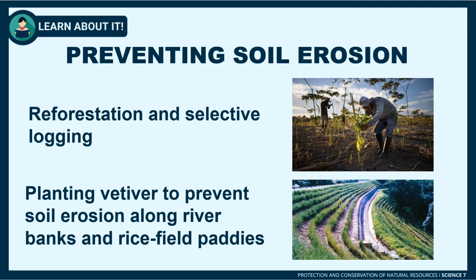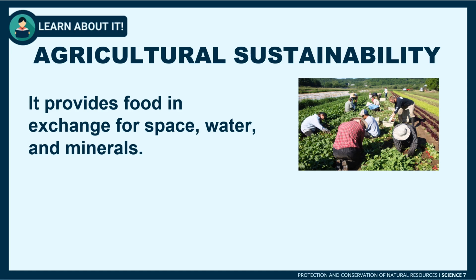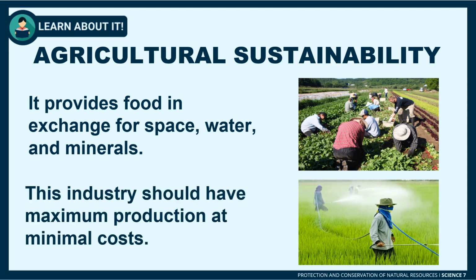In terms of crop production, which we know is essential for our survival and even for the economic gain of our country, agricultural sustainability must be observed and practiced. It is also a crucial part since it provides food in exchange for space, water, and minerals. Ideally, this industry should have maximum production at minimal cost.